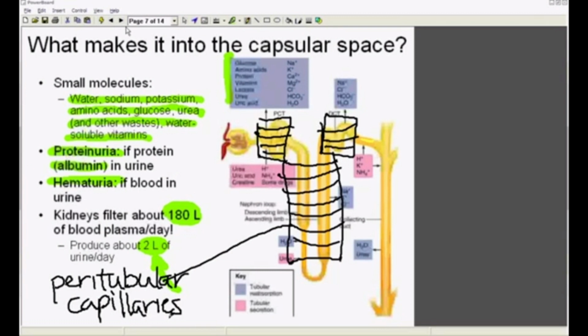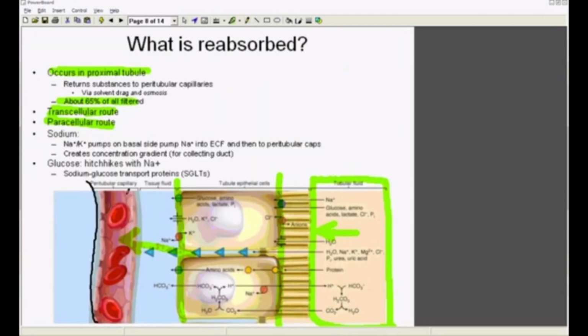Okay, and that's this right here, these peritubular capillaries. So I'm going to take fluid that's in the glomerular filtrate and eventually introduce it back into the peritubular capillaries, return it to the blood, okay, from whence it came.